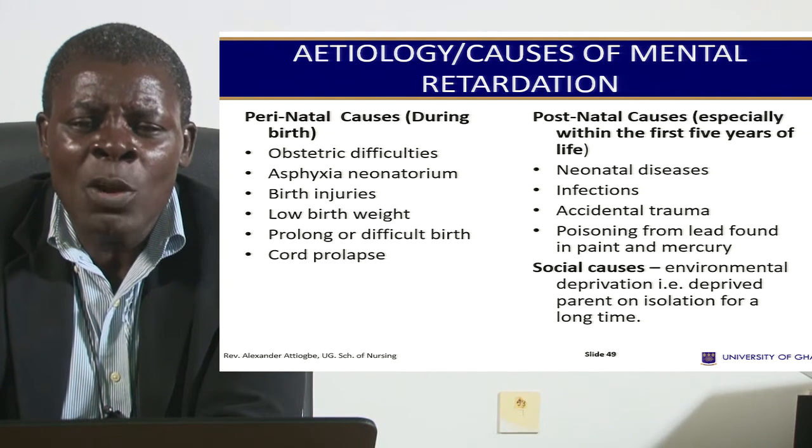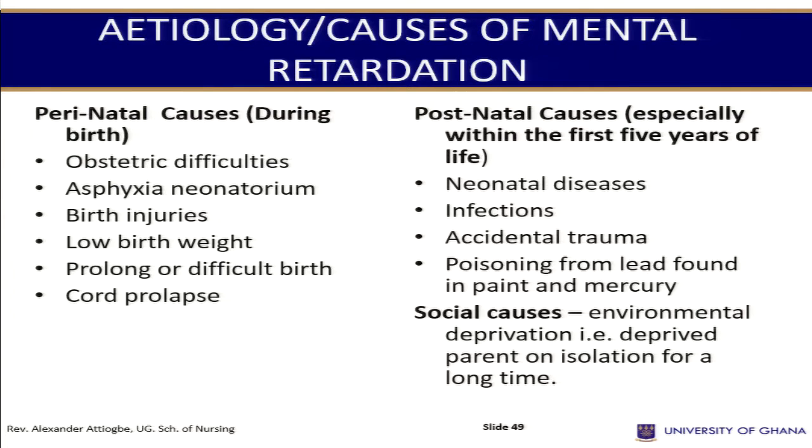Then we have postnatal causes, especially within the first 5 years of life. This includes neonatal diseases, infections, accidental trauma, and poisoning from lead found in paint, and mercury. Social causes include environmental deprivation, for example, a deprived child in isolation for a long time.